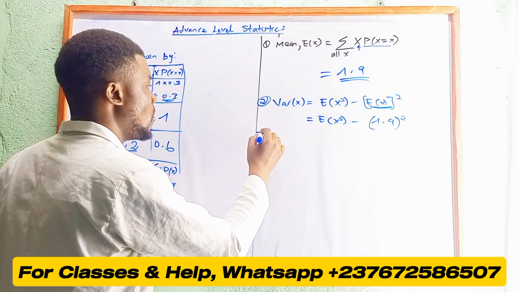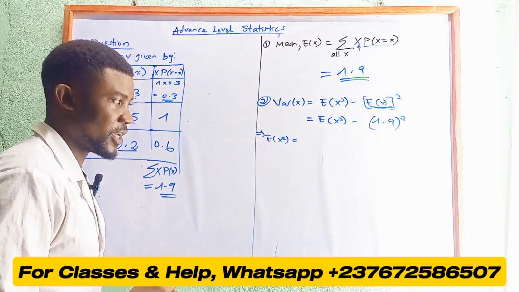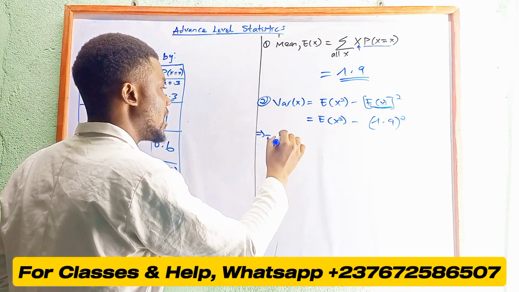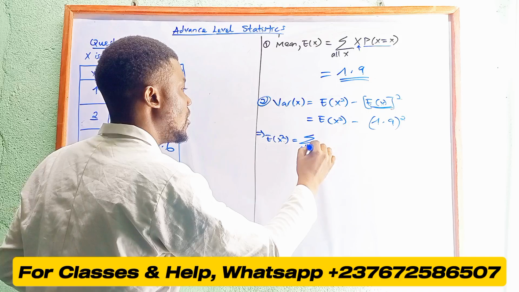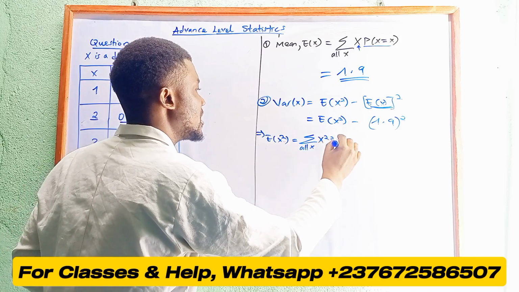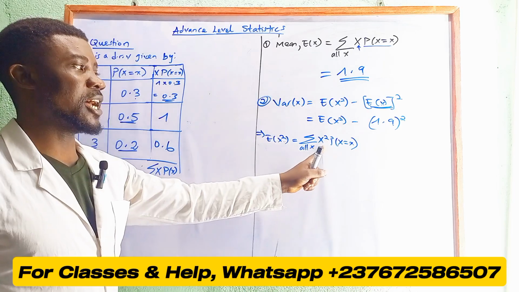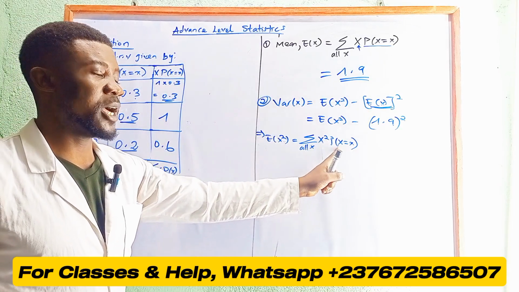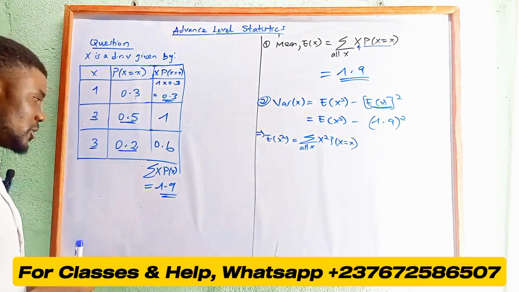To do so, we are going to repeat the same procedure we used for finding the expectation of X. So the expectation of X squared is simply the sum of all x squared times their probabilities, meaning that you square each value of the random variable, multiply that square by its probability, and then sum the results.